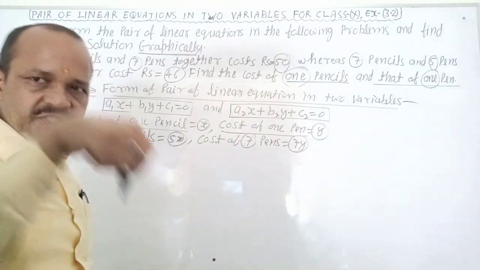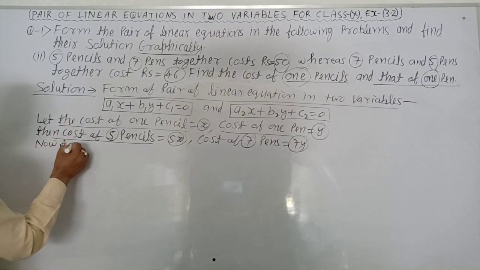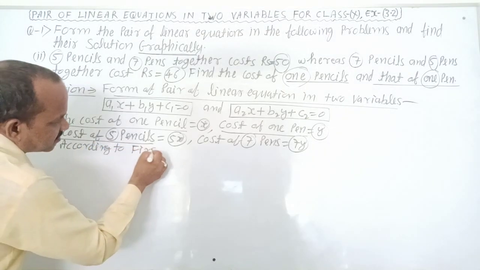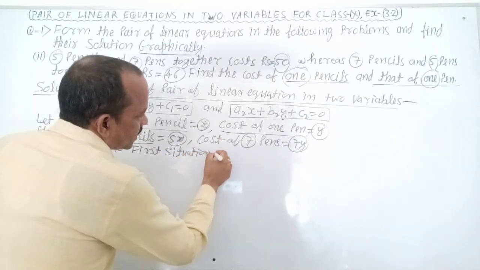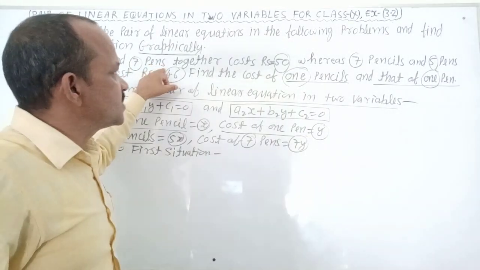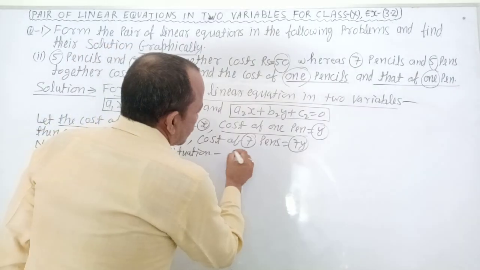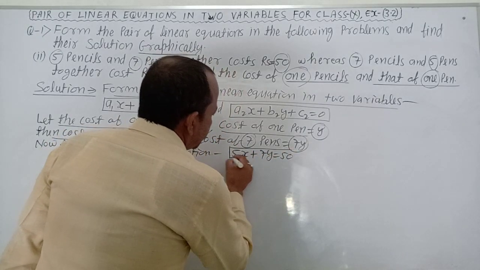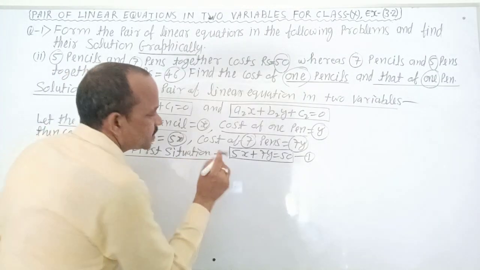Now according to the first situation, 5 pencils cost and 7 pens cost together Rs 50. Clear? 5x plus 7y equal to 50. It is equation first according to the first situation.